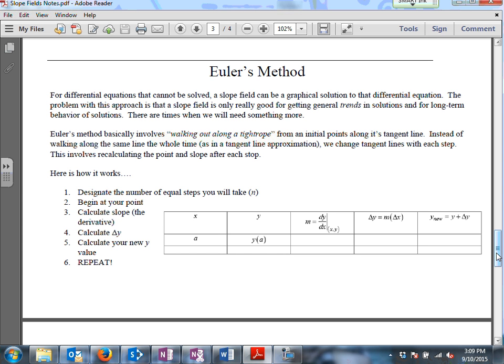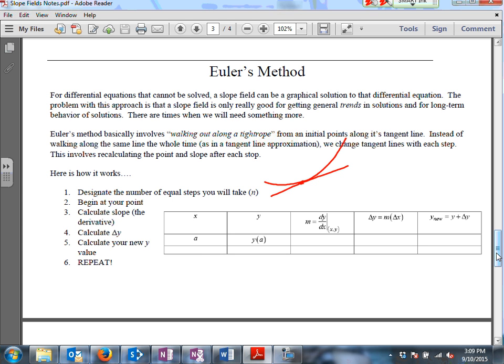So instead of having a curve, having a tangent line, and walking along that tangent line, what we're going to do is break this up into little itty bitty steps where we're going to keep adjusting our tangent line. So we're going to start with the tangent line and move a little bit, and adjust our little tangents to follow the curve closer.